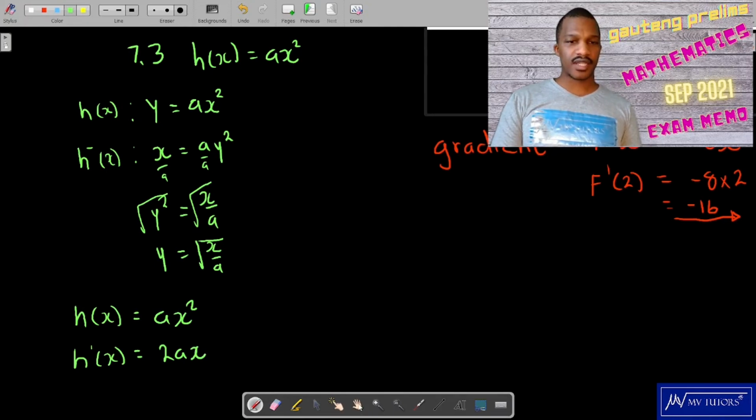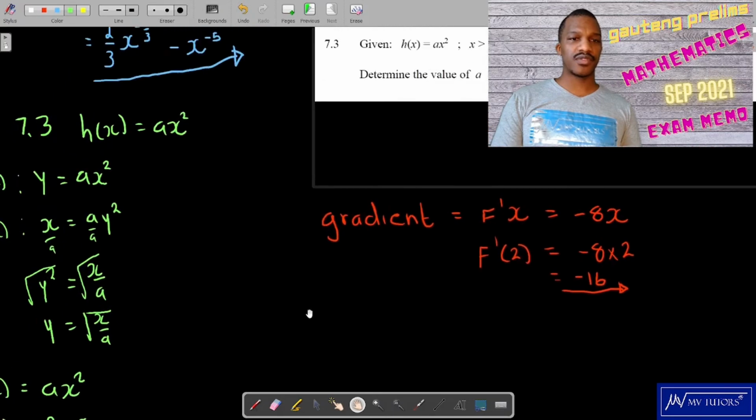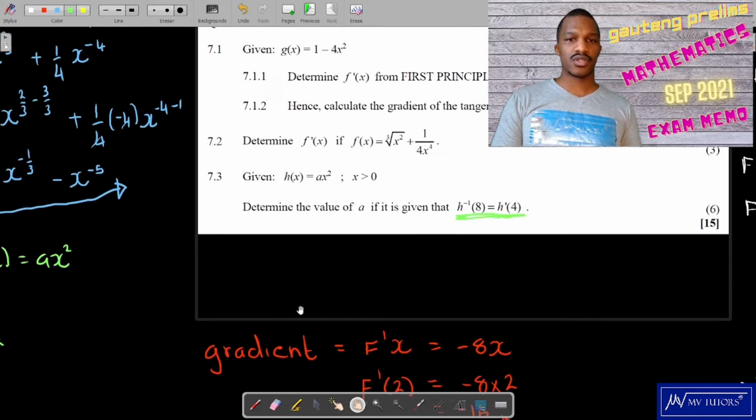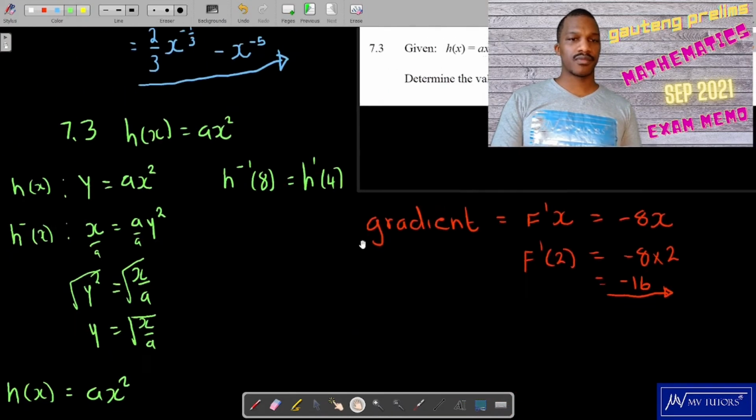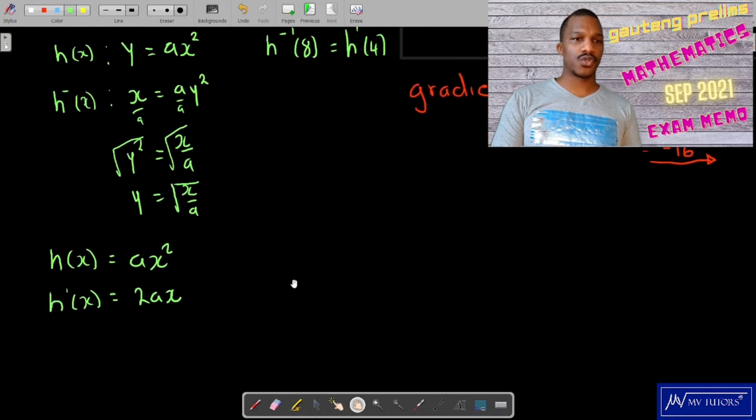Now they are saying to me, if you read the question, what we have to do is take h inverse, substitute 8, and make it equal to h prime, substituting 4 there. Okay, that's basically what we have to do.